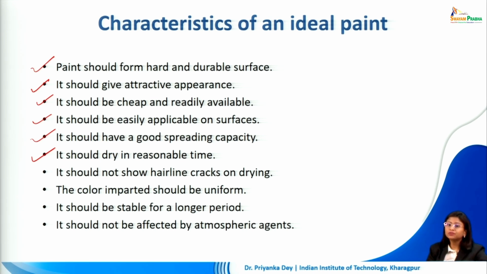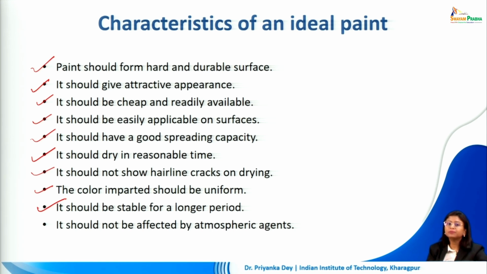It should dry in reasonable time. We do not want to be staring at the walls for ages, waiting for the paint to dry. It should not show hairline cracks after drying. The color imparted should be uniform. Of course, we don't want different patches of various types of colors and shades throughout our wall. We want a uniform finish. So the paint should have that characteristic that it uniformly spreads the pigment throughout the surface of the wall.